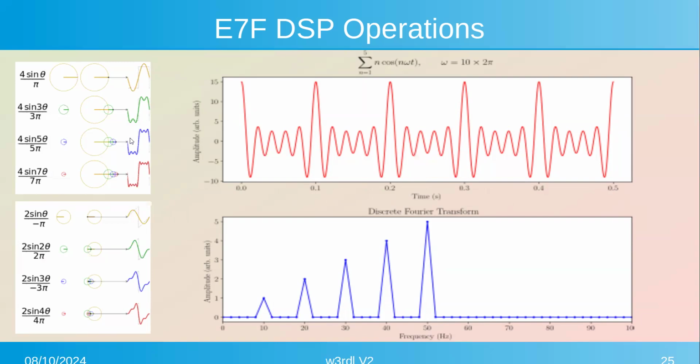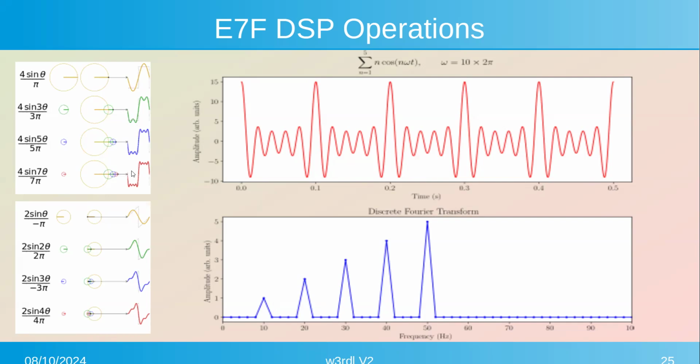Let me see. This one is showing, it's kind of weird, but up here we have this signal. The diameter of the circle, I think, is they're trying to represent the amplitude. And as we go through these, the amplitudes are going down.